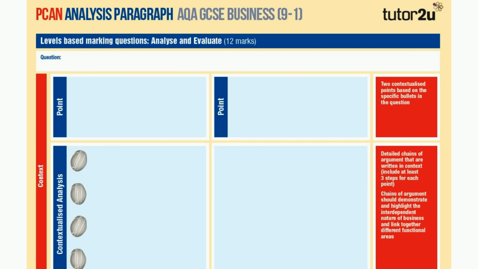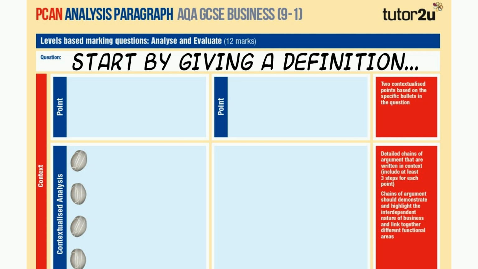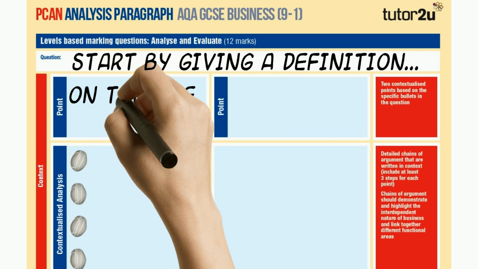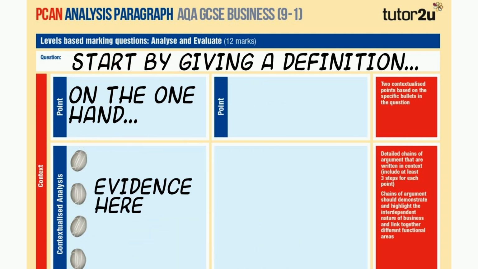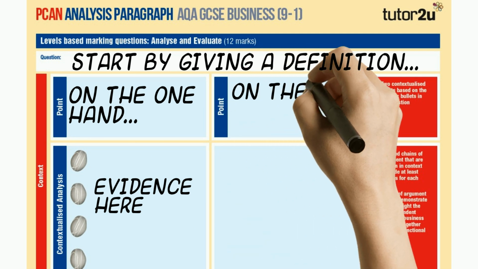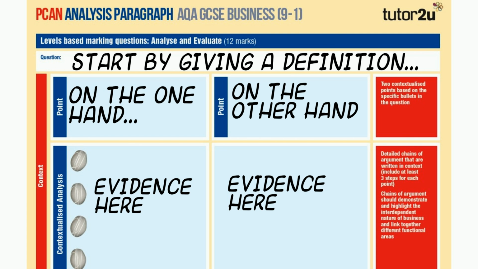Once you've done that, then you need to make a point for ethics, and show supporting evidence, and then make a point on the other hand, in this case for financial considerations, and give the necessary evidence. And when you do so, giving evidence, you can't make a new point, of course. It's like the 6 and 9 mark questions. You instead give evidence to back it up with detailed chains of argument that are written in context, and a minimum of 3 steps for each point.